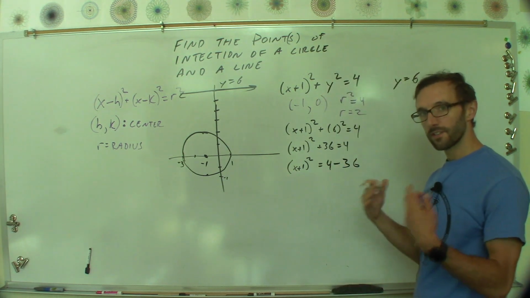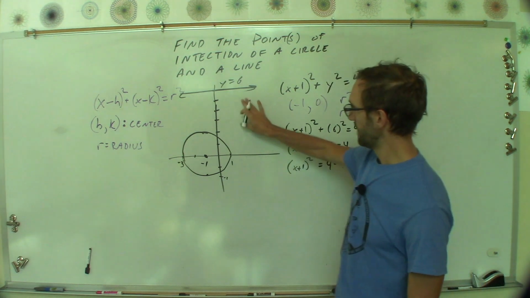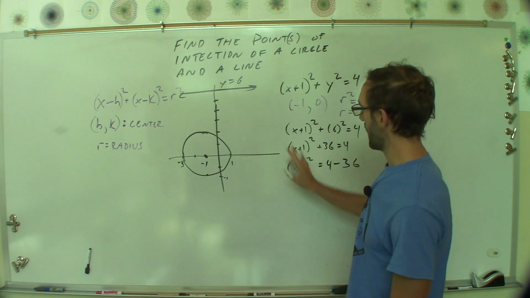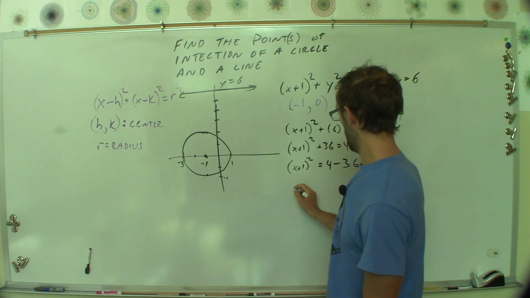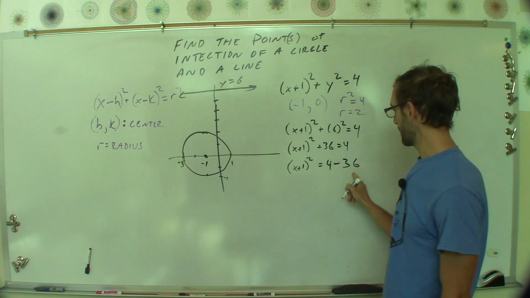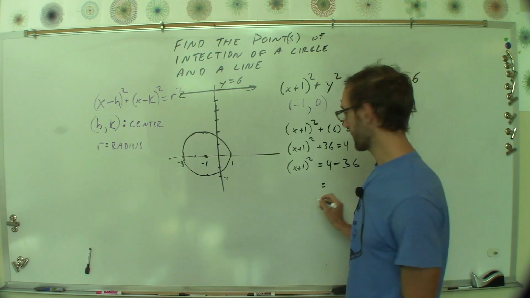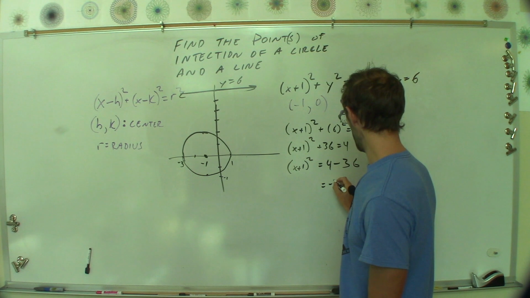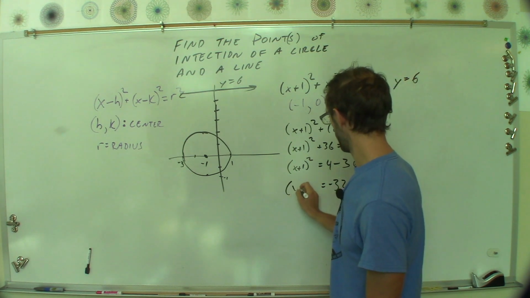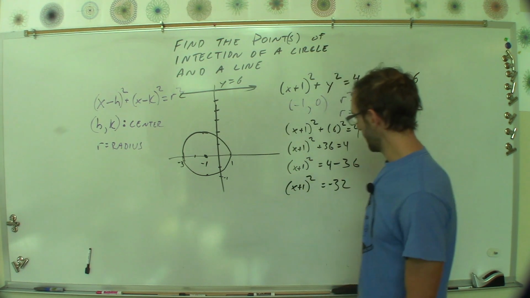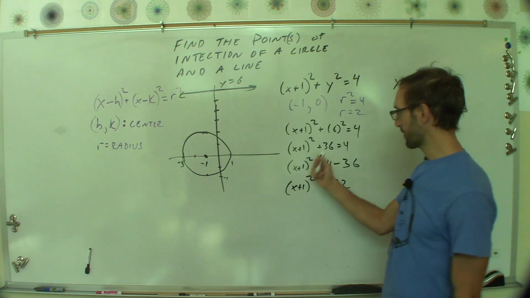Now, we should already start to see why we're going to see this picture not crossing analytically, because we're going to get 4 less 36, and that's going to give us a negative number, negative 32 to be exact. And then let's undo this. Let's just keep going. Take the square root.